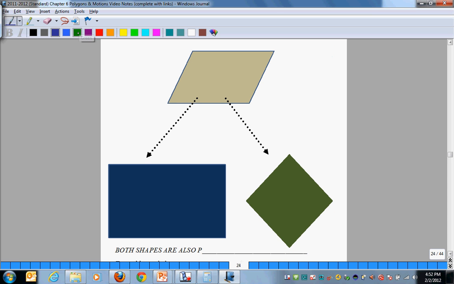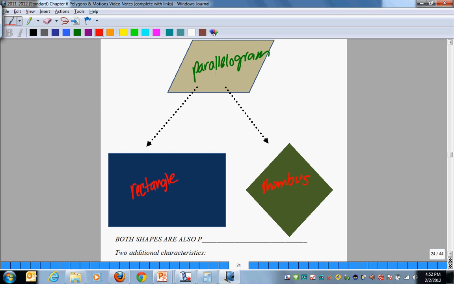So here we have a parallelogram, and both the rectangle and the rhombus are descendants of the parallelogram. They are parallelograms, so it's not a trick question. You need to be very careful, especially on SAT tests.